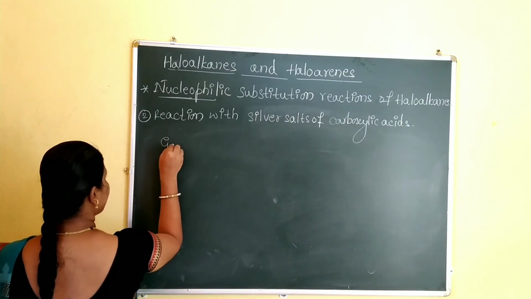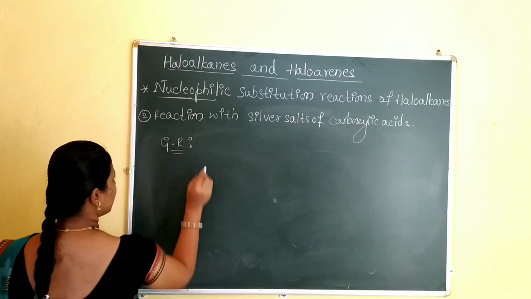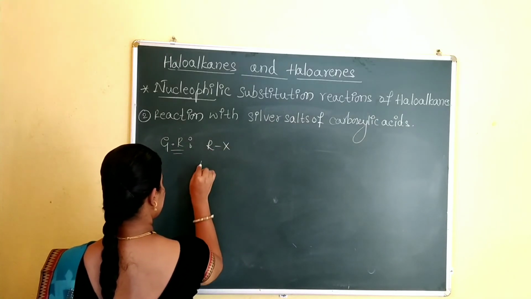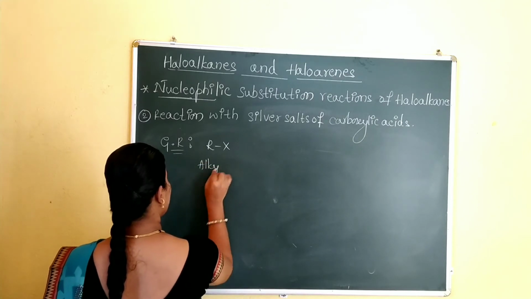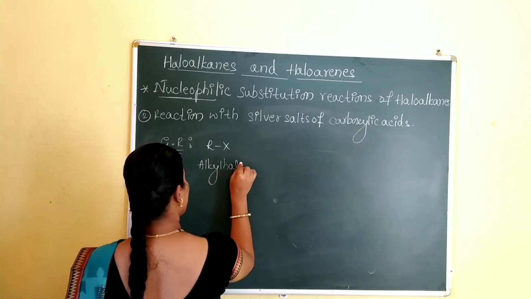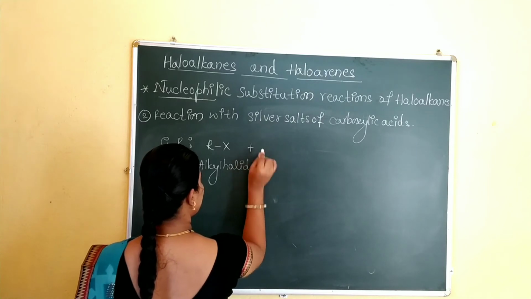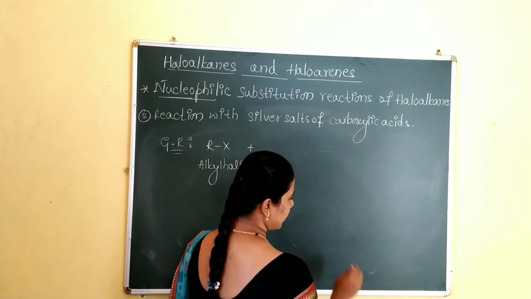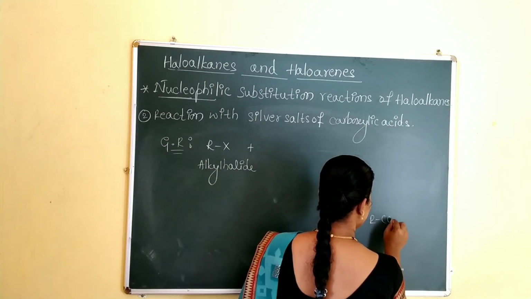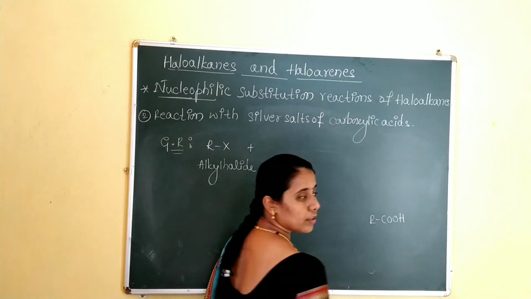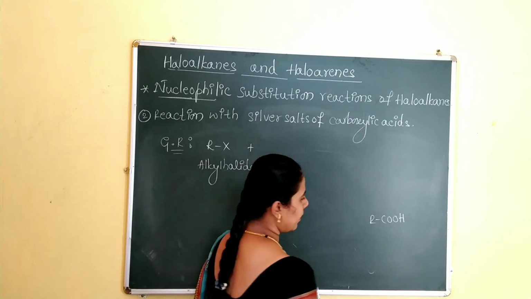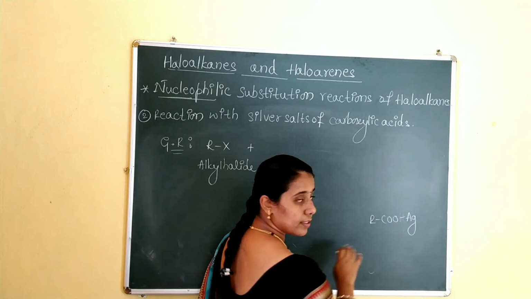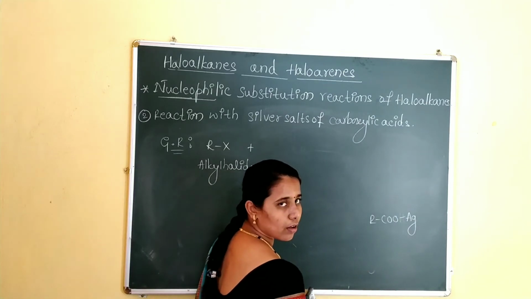I will write the general reaction. See here, an alkyl halide RX is heated with silver salt of carboxylic acid. RCOOH is the representation for carboxylic acid. This is the representation for silver salt of carboxylic acid.